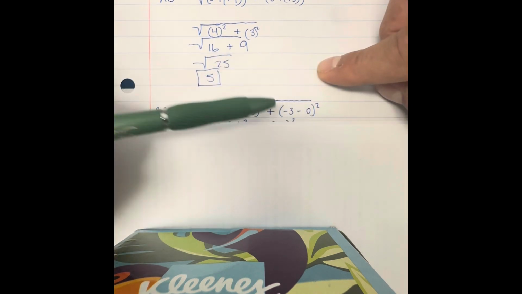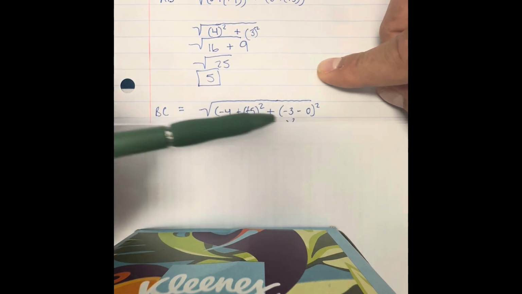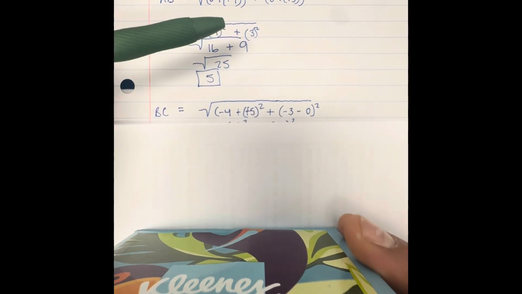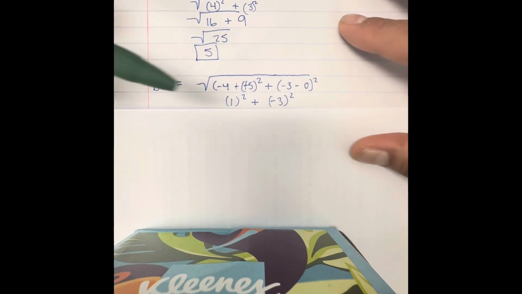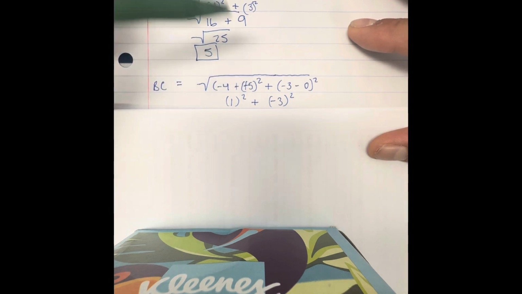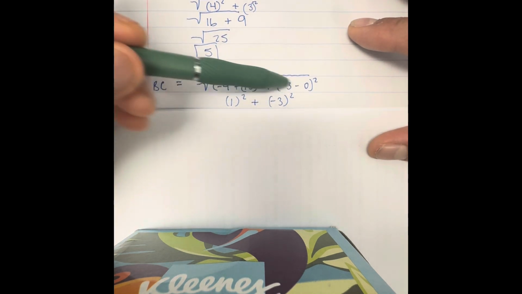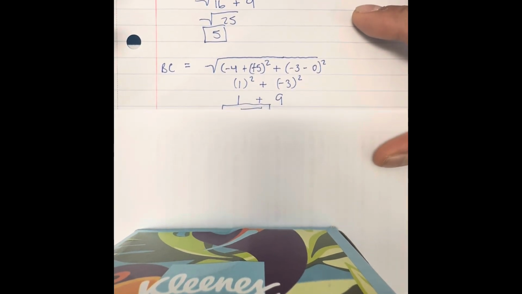Don't forget squared. And then because this is correct and we don't have a plus or a negative, we are good to go there. And so we're going to bring this down. Once we add -4 plus 5, we have 1 squared. -3 minus 0 is still -3 squared. Move on to the next step.